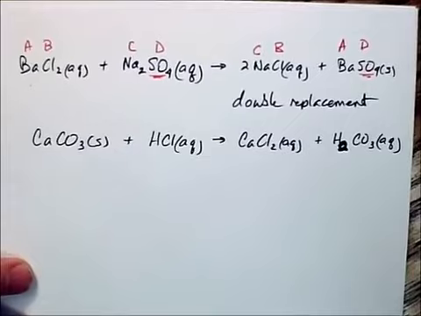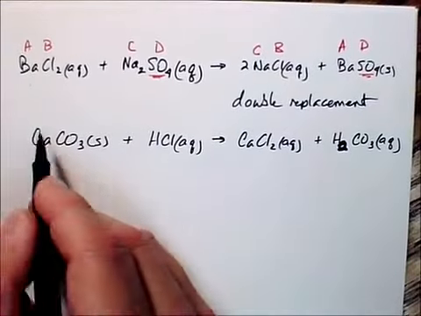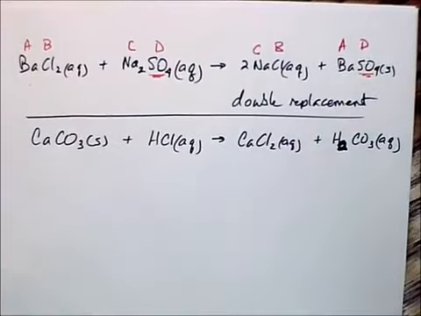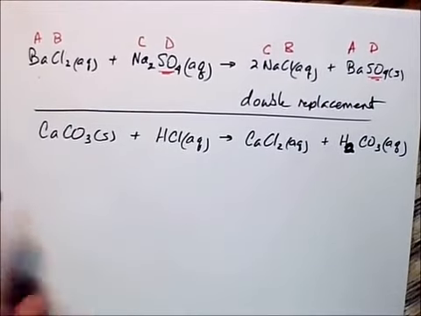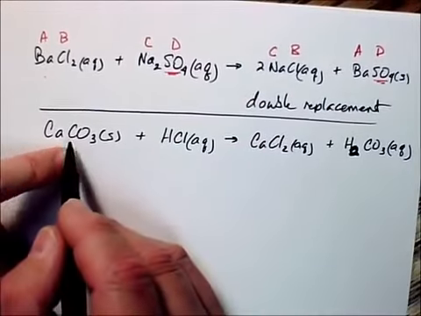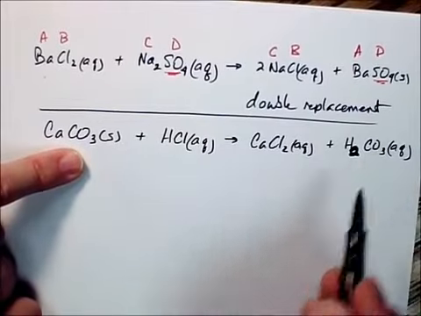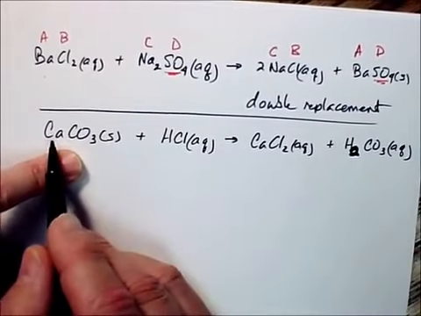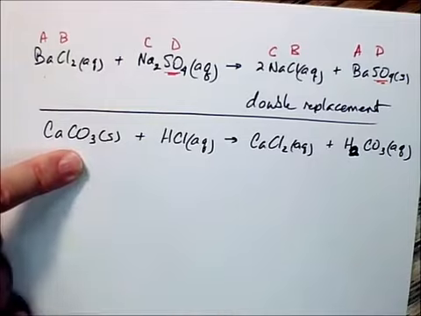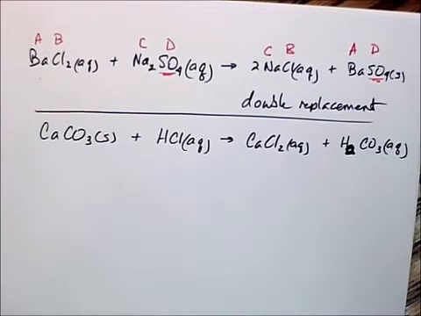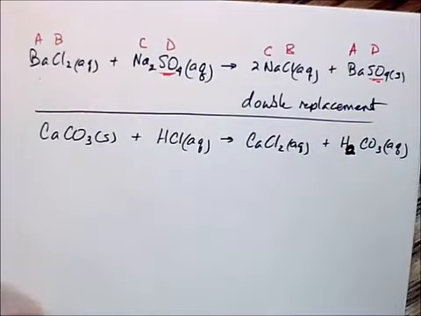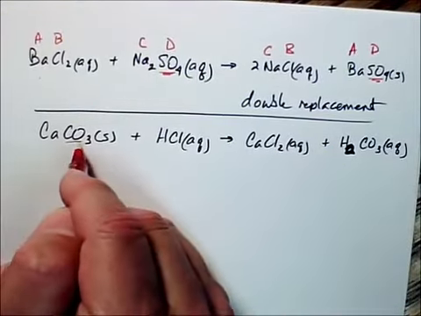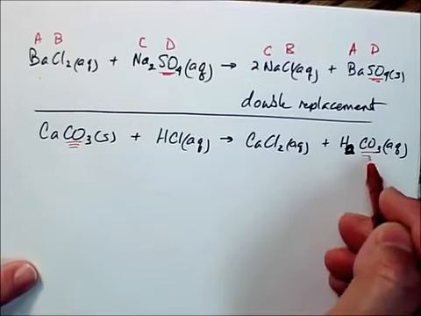H2CO3. Time to pause if you're going to. And we're back. Notice the CO3 is still CO3 over here. You can also notice that this is 1, 2, 3 elements. Look on the common ions list. You'll find CO3 as a carbonate ion. Two good reasons to consider this all one part.